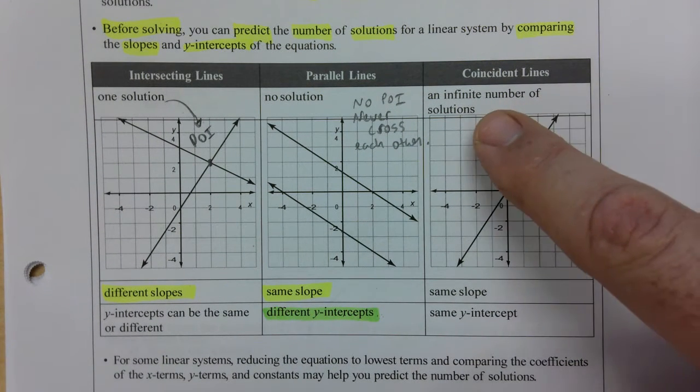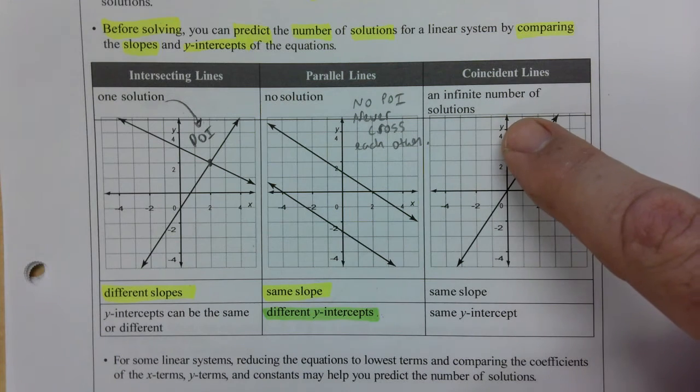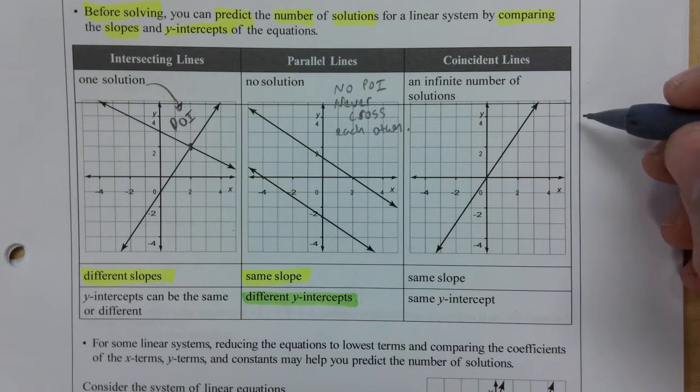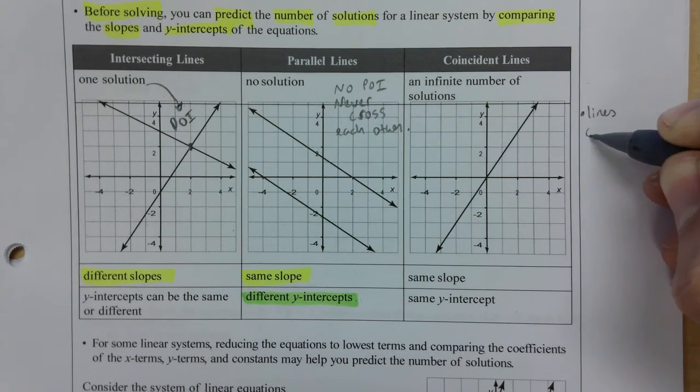Coincident lines have an infinite number of solutions. I'll make a note on the side that the lines coincide.